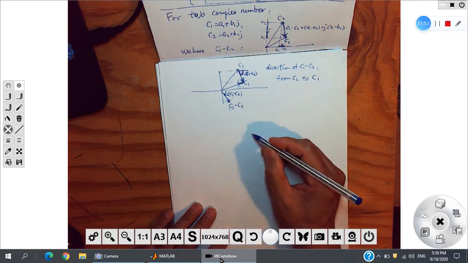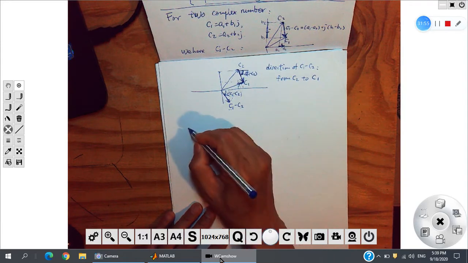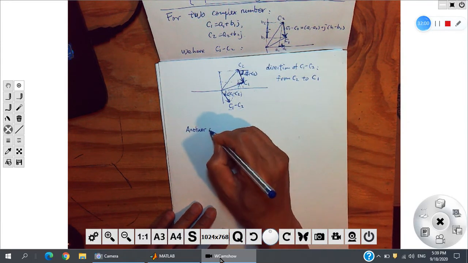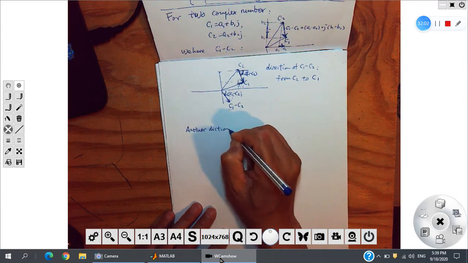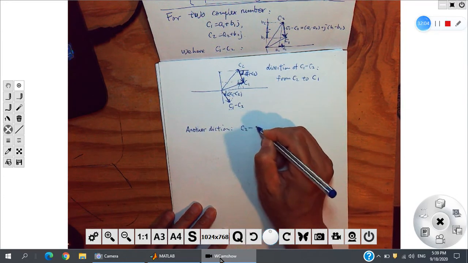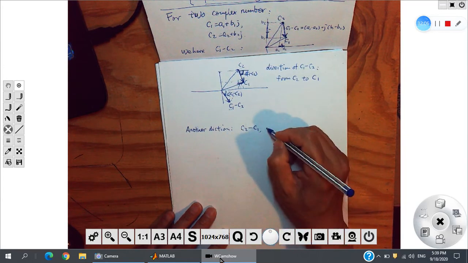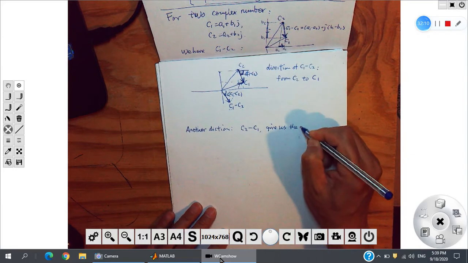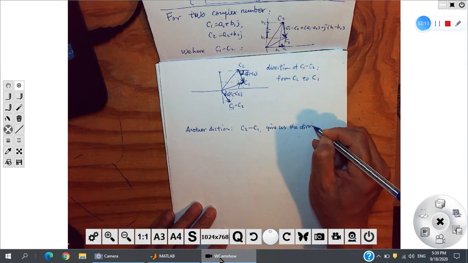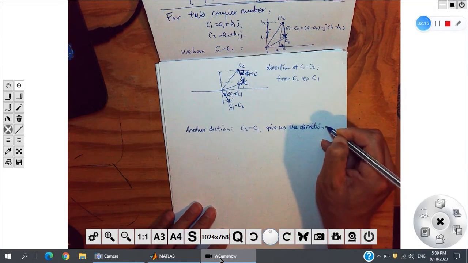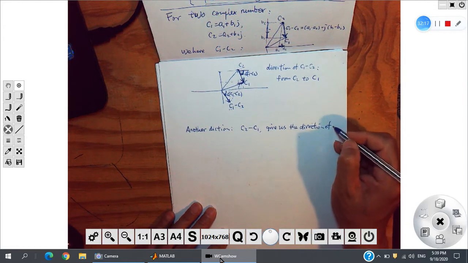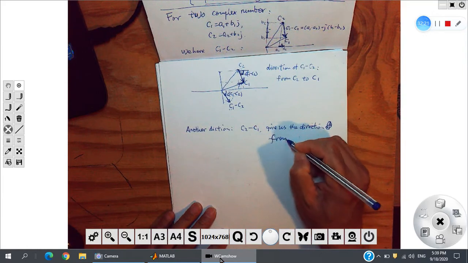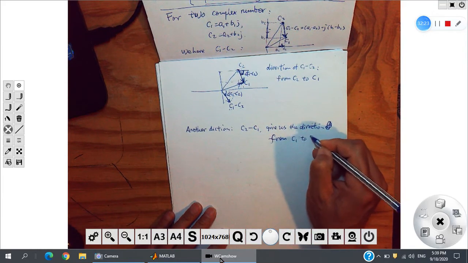Okay, you can consider another way, another direction: C2 minus C1. This gives us the direction from C1 to C2.